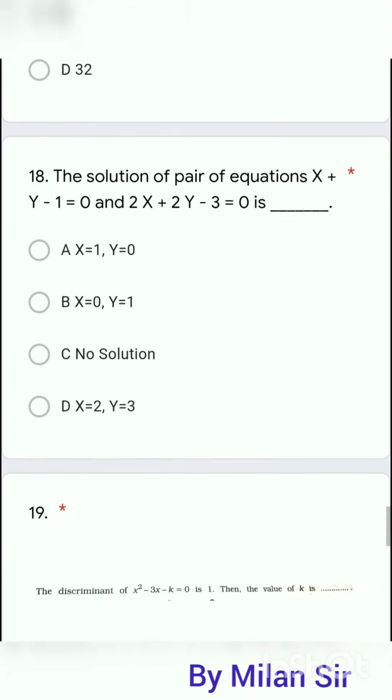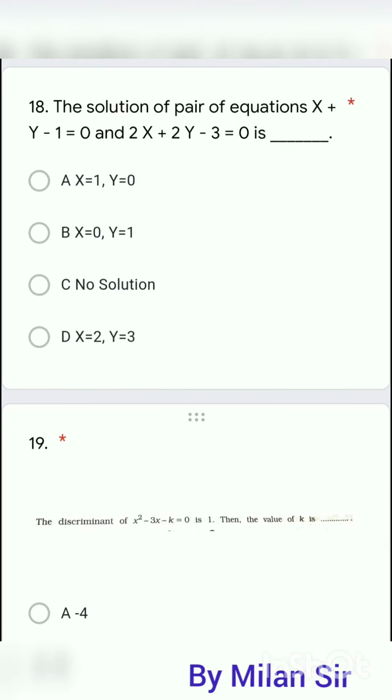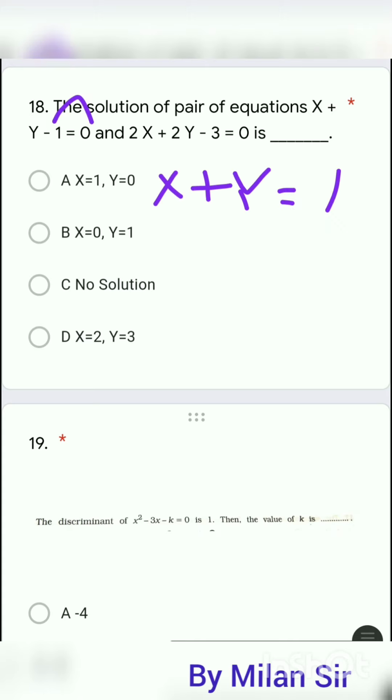After that, question number 18. The solution of the pair of equations x plus y minus 1 is equal to 0 and 2x plus 2y minus 3 is equal to 0. Okay, we need to solve these two equations. So our first equation is x plus y, now transfer this 1 to the right hand side, it becomes plus 1.